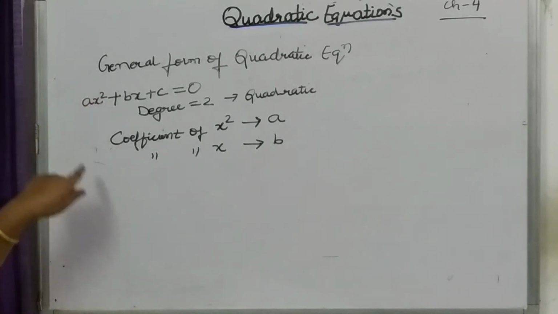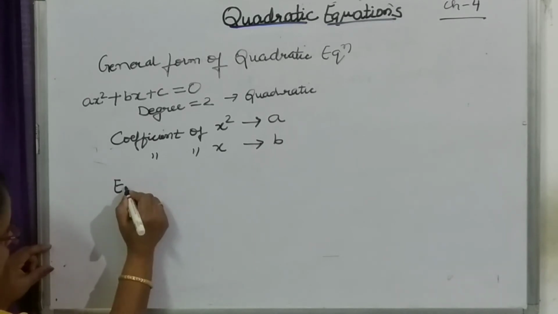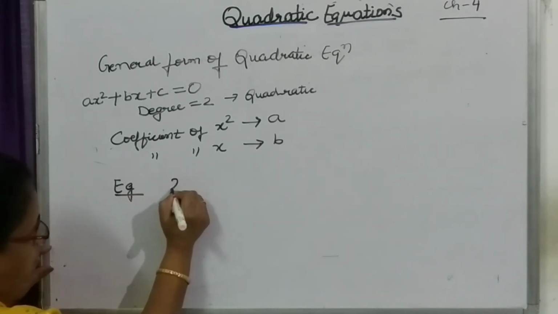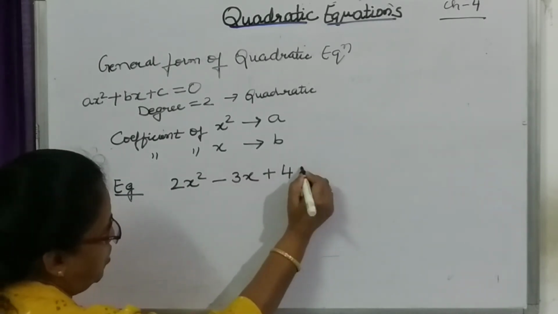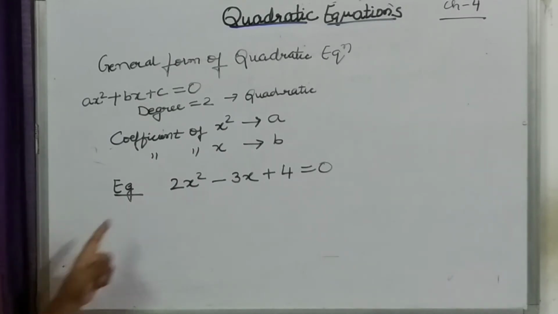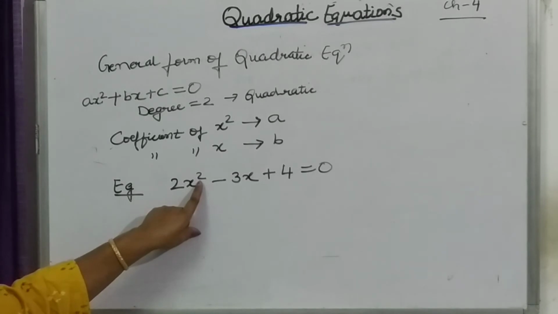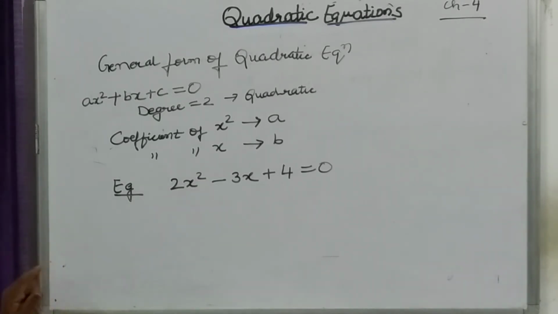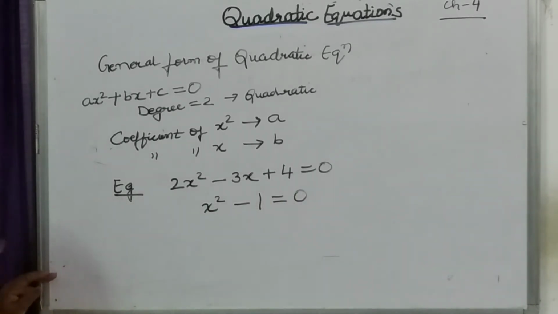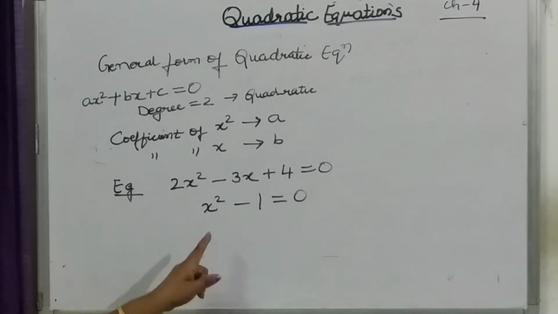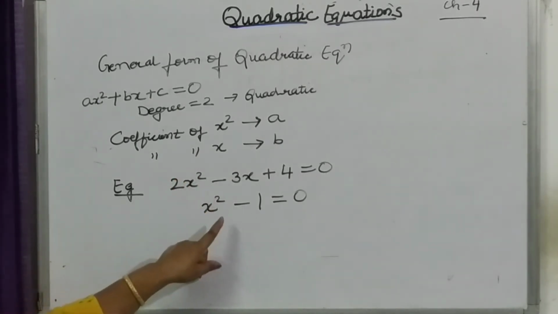Now if I give you some examples based on quadratic equations, for example 2x squared minus 3x plus 4 is equal to 0 is a quadratic equation, right? Why? Because the degree of this equation is 2. If I say x squared minus 1 is equal to 0, again this is a quadratic equation because the degree is 2.